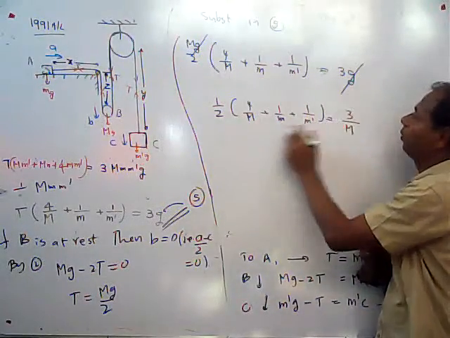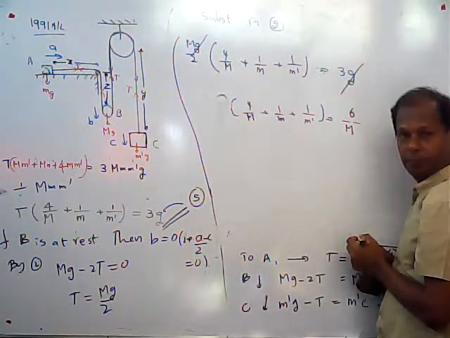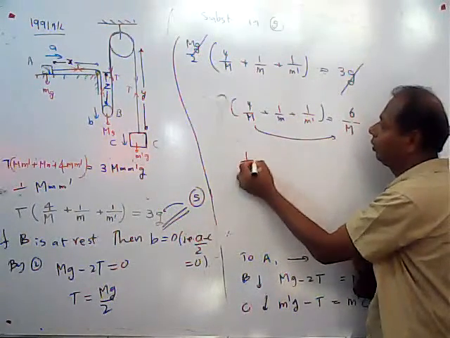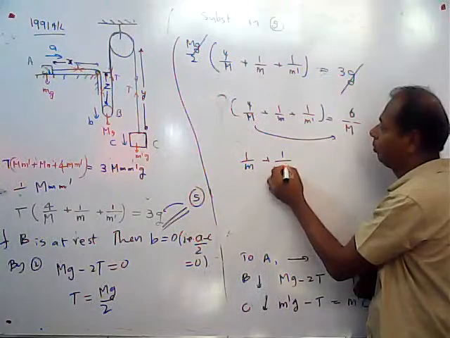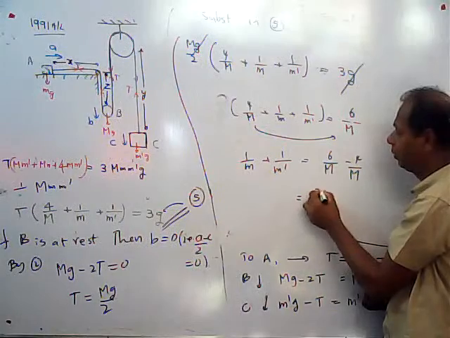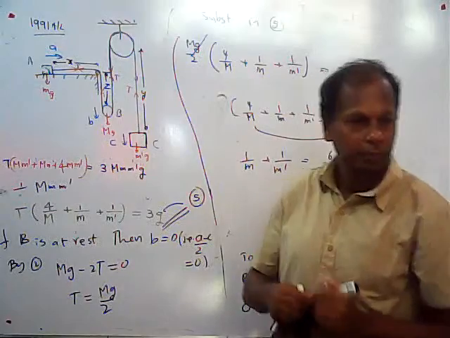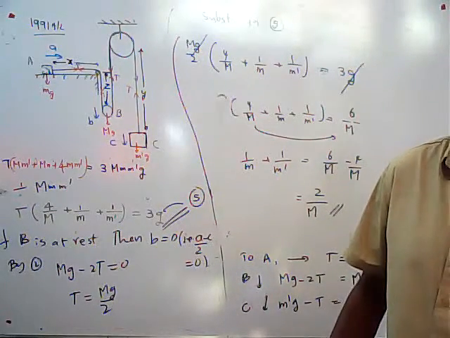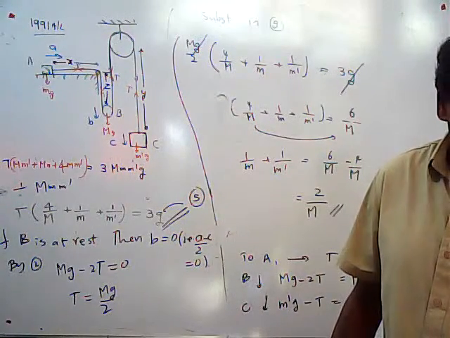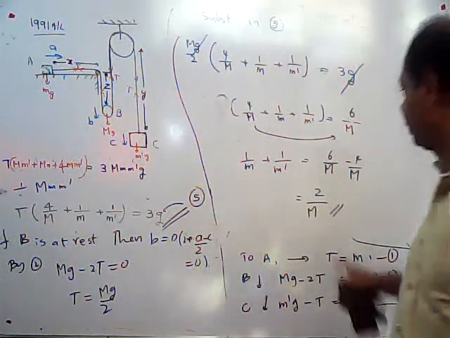And now that term will give 6 over M. So now take this to the other side, 1 over M plus 1 over M dash equals 6 over M minus 4 over M. So that gives 2 over M. Yes, so that is the answer.